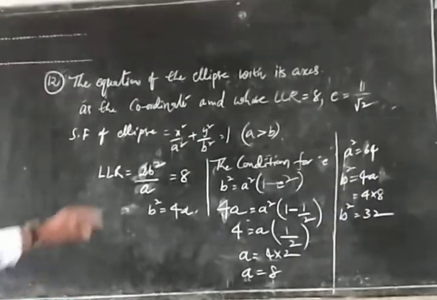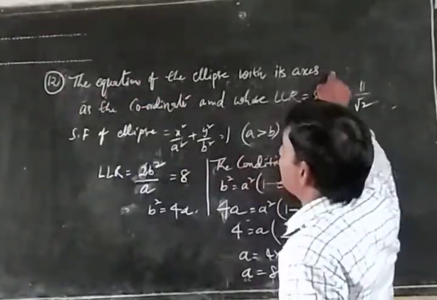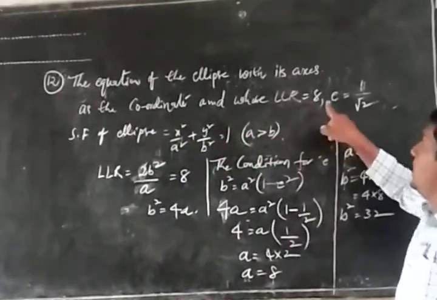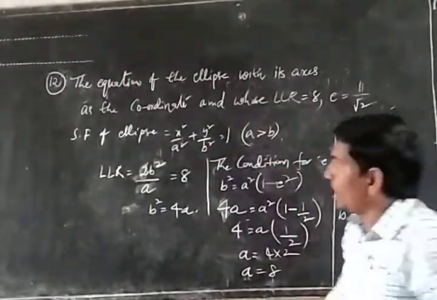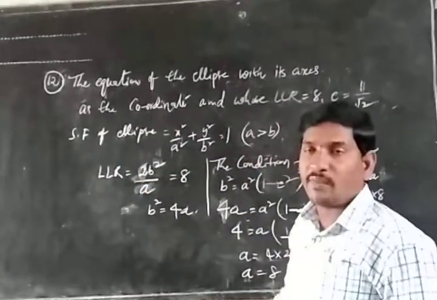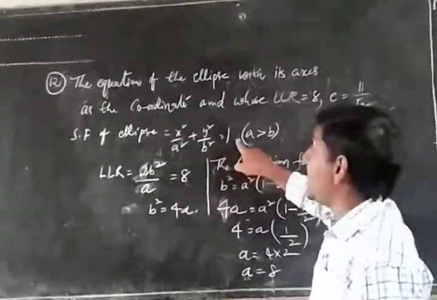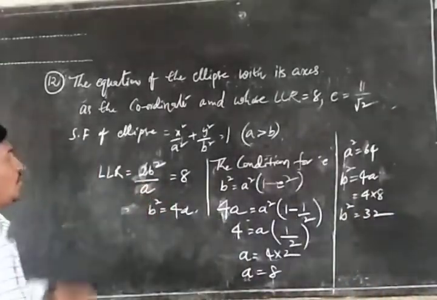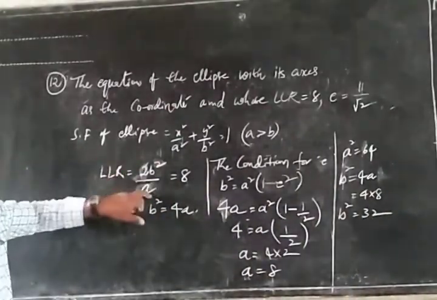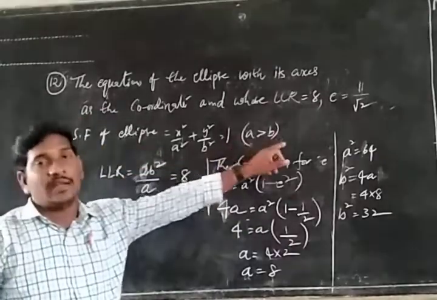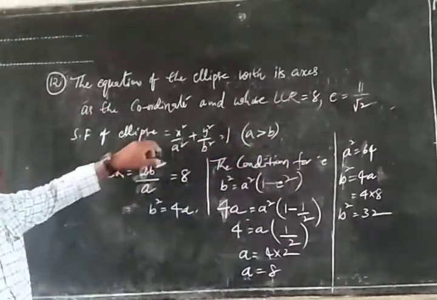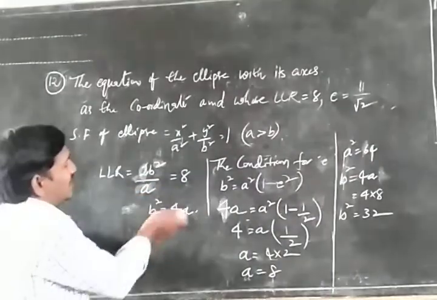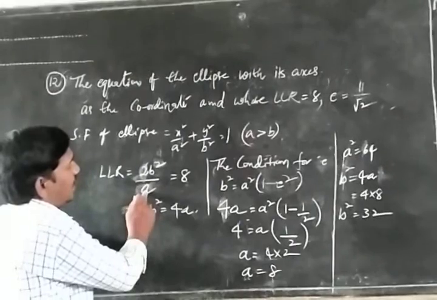Okay, let's recap: the equation of the ellipse whose axes are the coordinate axes and whose LLR equal to 8, e equal to 1 by root 2. The standard form is x square by a square plus y square by b square equal to 1, a greater than b. Here LLR equal to 2b square by a, so b square equal to 4a.